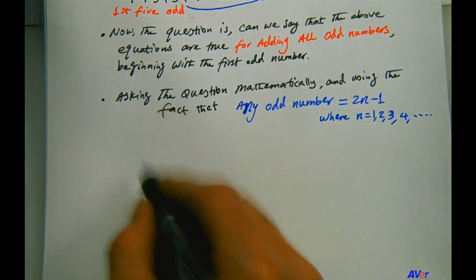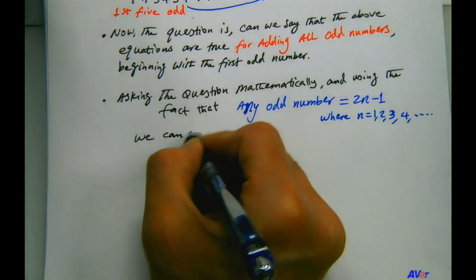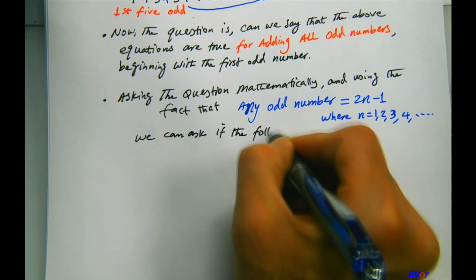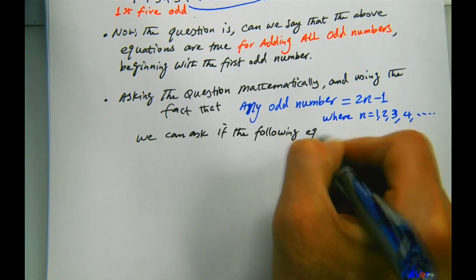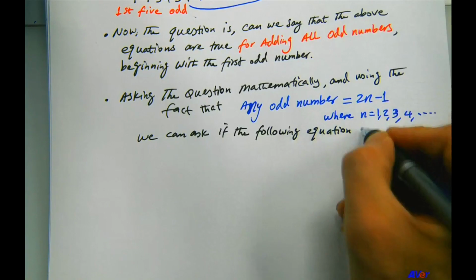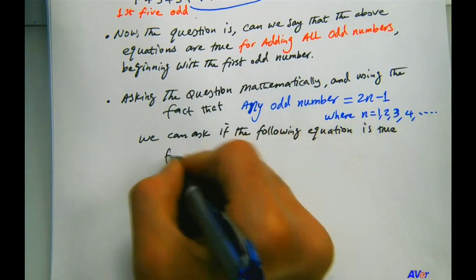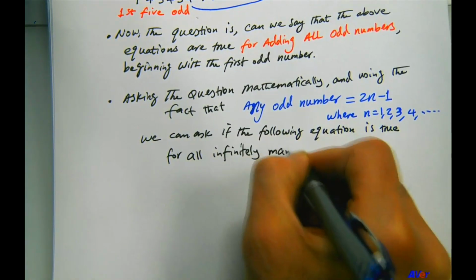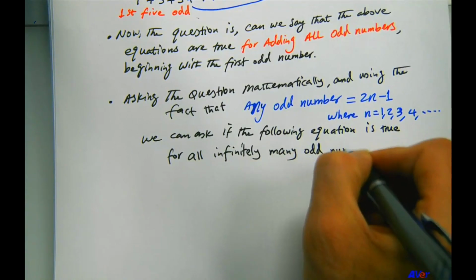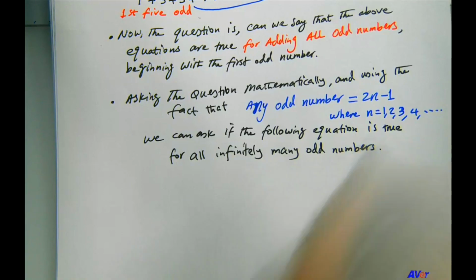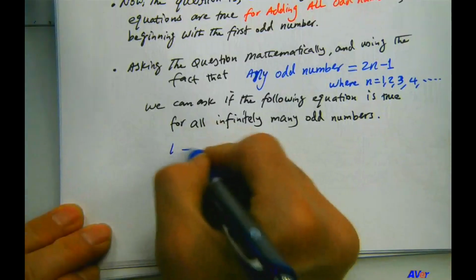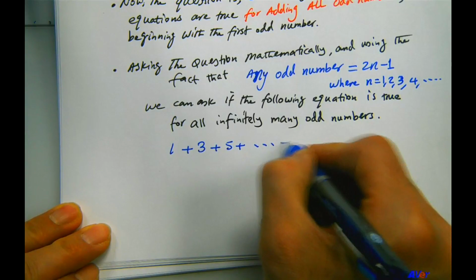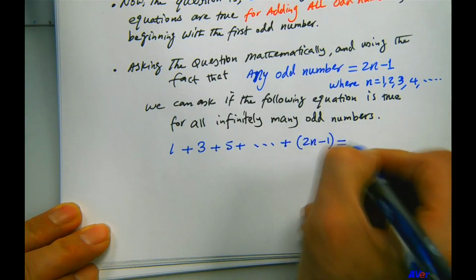we can ask if the following infinitely many odd numbers, okay, here's what we can state: plus dot dot dot plus 2n minus 1 equals n squared.